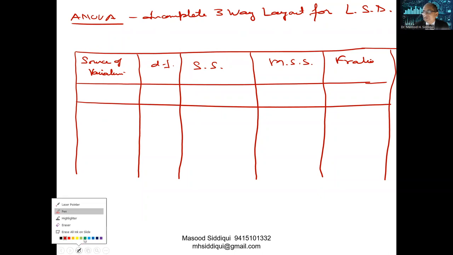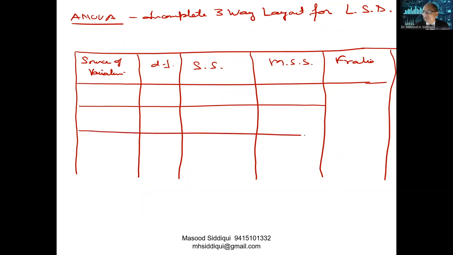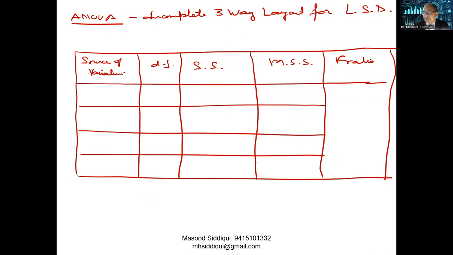This row is for the first source of variation, that is rows or A. This is for the second, this is for the treatment, next is the error, and the last one is the total.